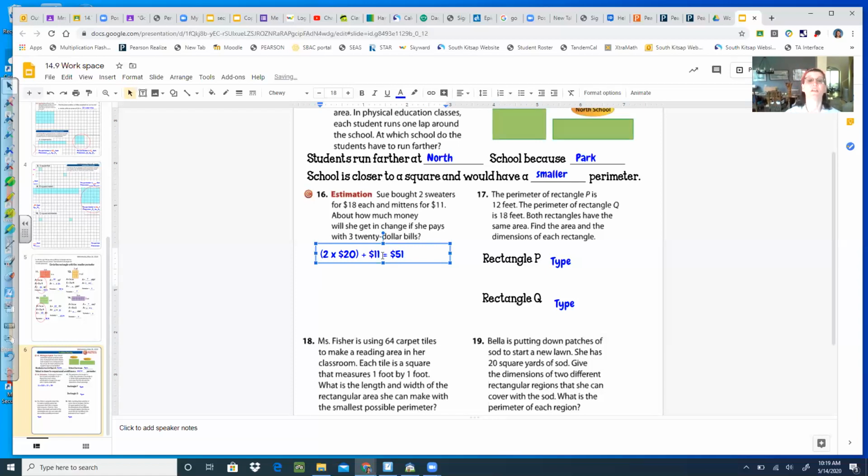Now, you need to remember she's got 3 $20 bills. So I need to do 3 times 20, and then I need to minus the 51.